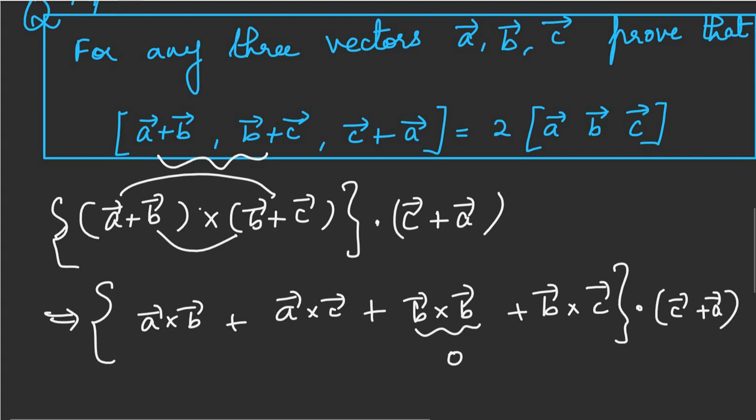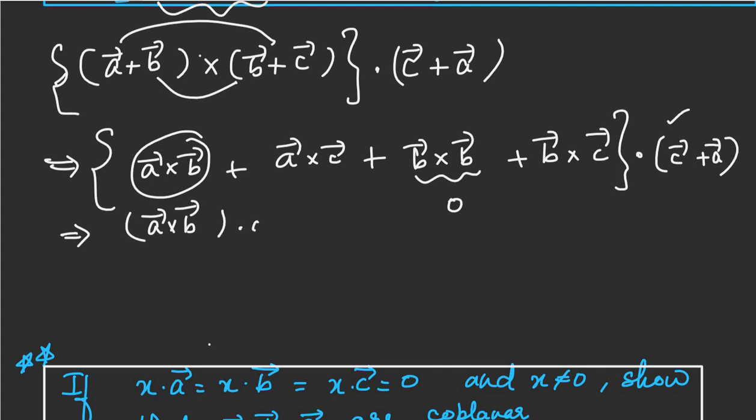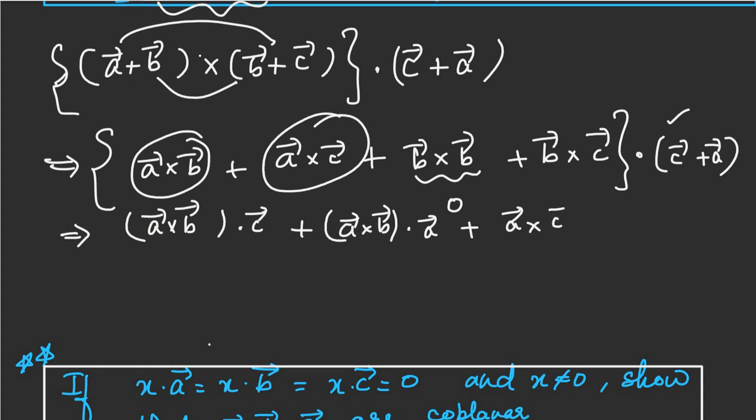Now taking the dot with C vector plus A vector, this is equal to A cross B dot C, next plus A cross B dot A, plus A cross C dot C plus A cross C dot A, plus this term has become 0 here.